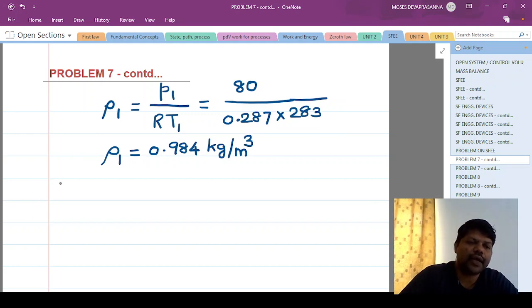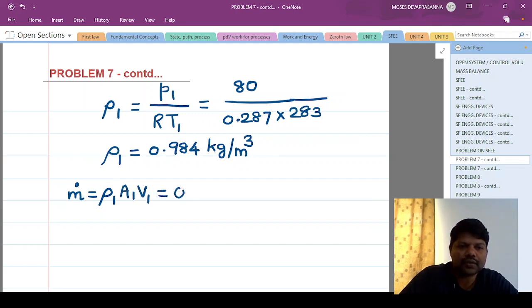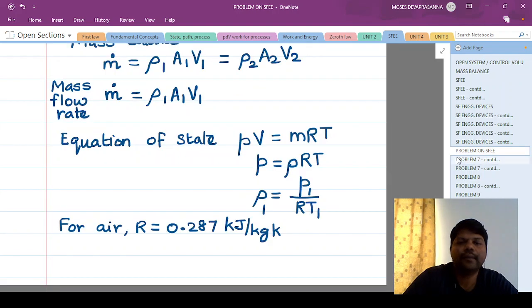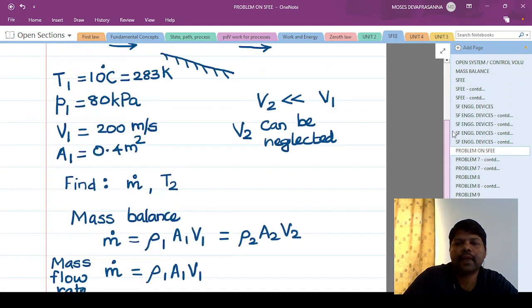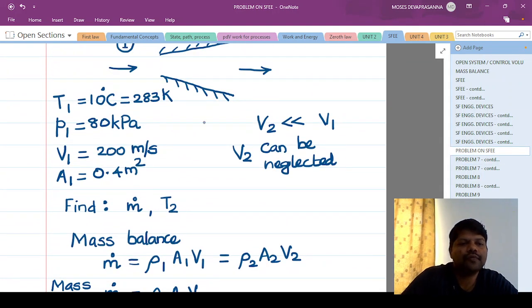Next step, I'll find out the mass flow rate. M dot is equal to rho 1 A1 V1. So I'll once again write down rho 1 A1 V1. The value of rho 1 is 0.984. A1, let me go to the previous slide. A1 is 0.4 and V1 is 200.